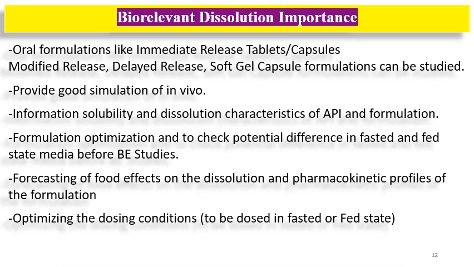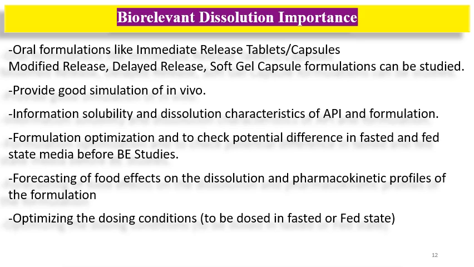Then formulation optimization and to check potential difference in fasted and fed state media before BE studies. So during optimization of formulation, these media can be used to have a forecasting of the in vivo condition.